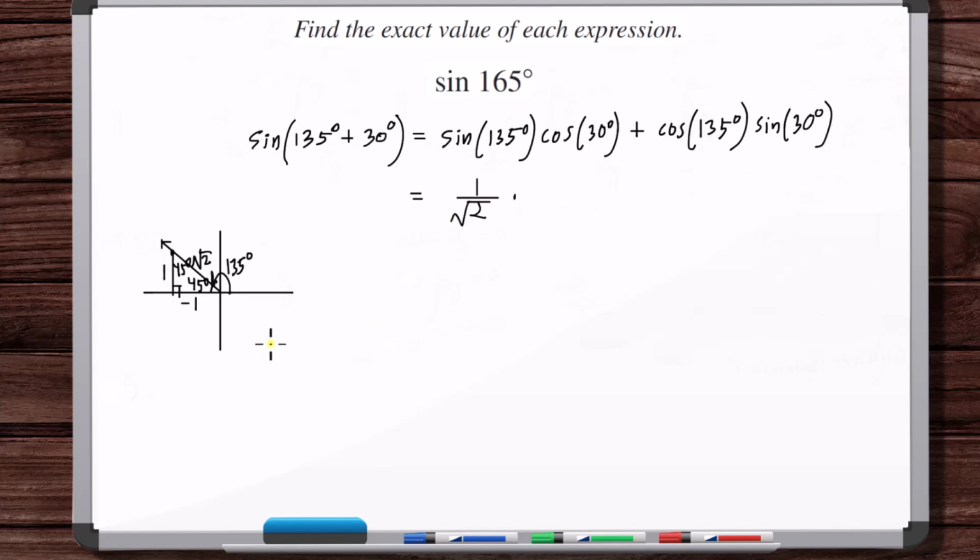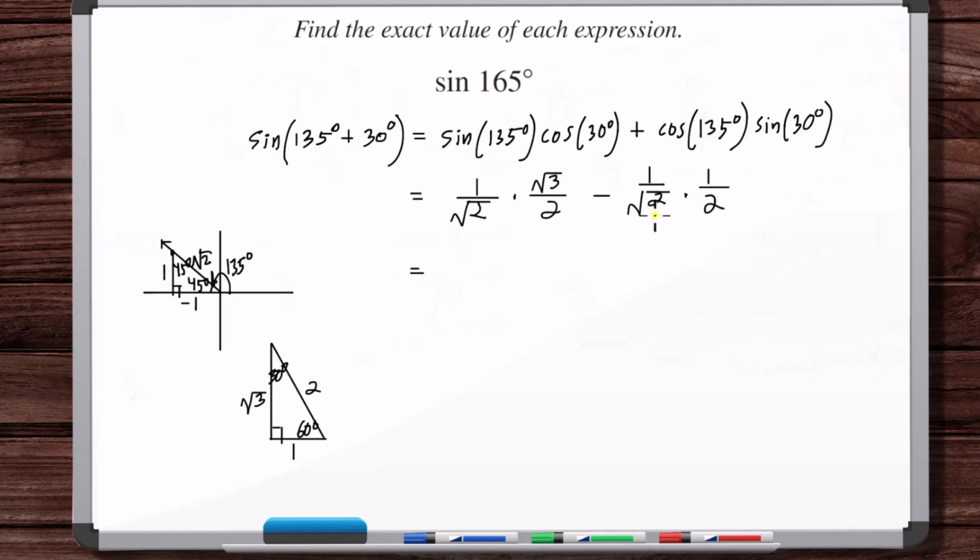Now cosine of 30: this would be 30, so that's 1, root 3, 2. So cosine of 30 is root 3 over 2. Now cosine of 135 is minus 1 over root 2. So let's do minus. Then sine of 30 is 1/2.